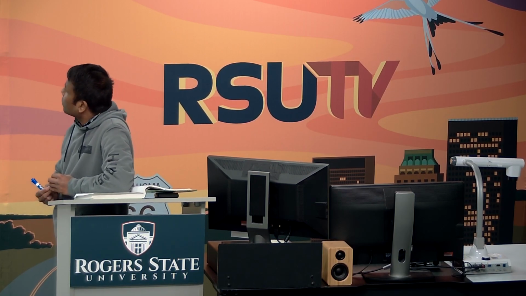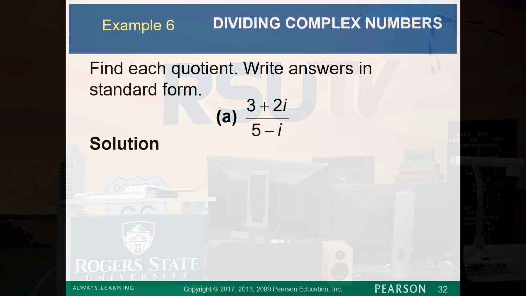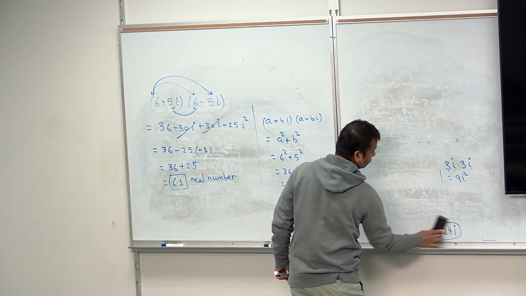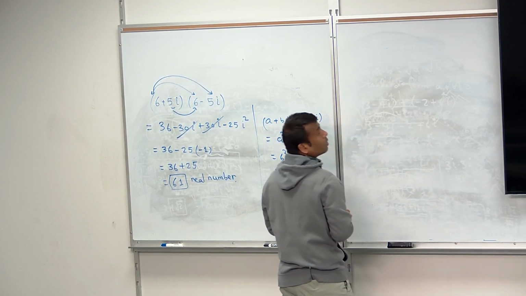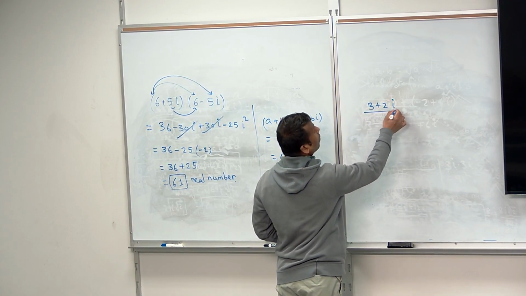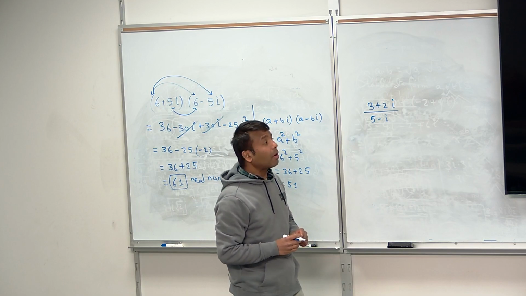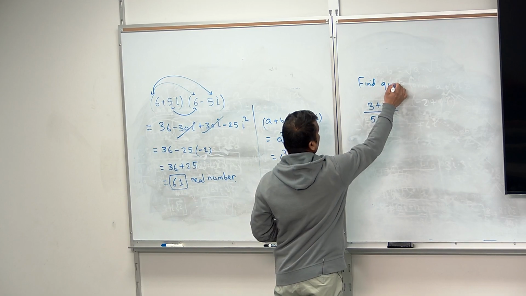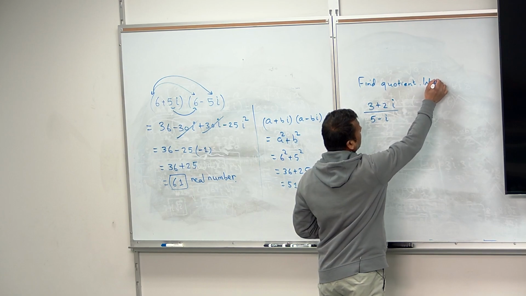So let's do this: you have 3 plus 2i over 5 minus i. Find the quotient and write the answer in standard form.